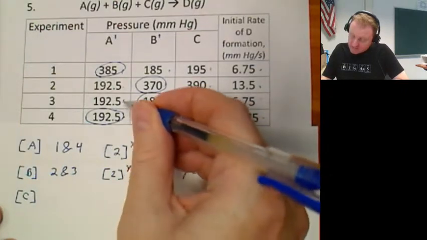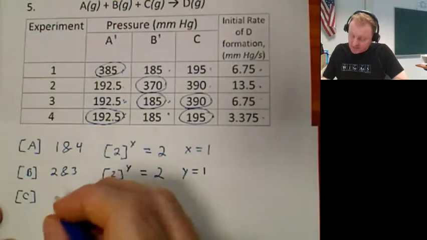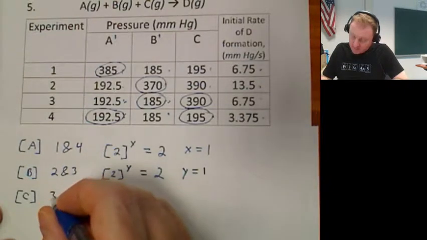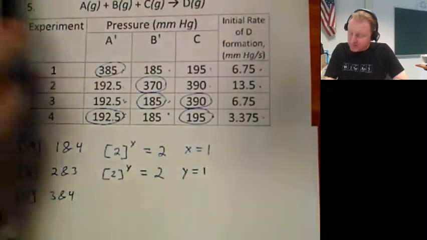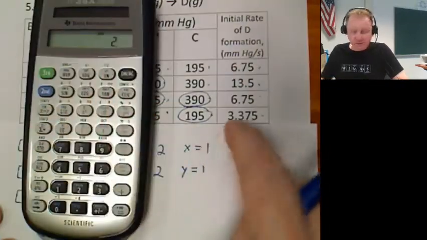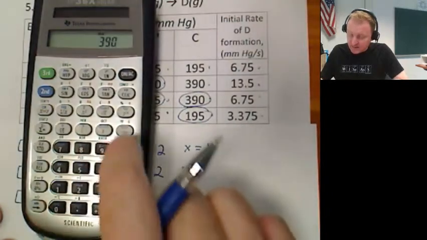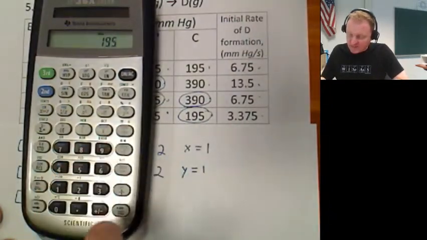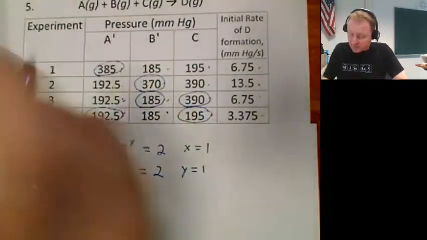A is staying the same, B is staying the same, but C changed. So I'm going to say 3 and 4. And what happened between 3 and 4? Well, 195 went to 390, so I'd say 390 divided by 195. I always just pick the larger divided by the smaller, and that also doubled.